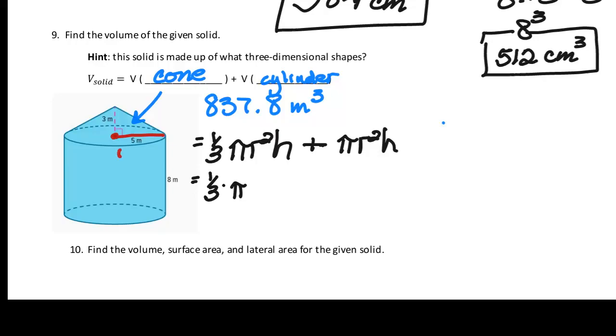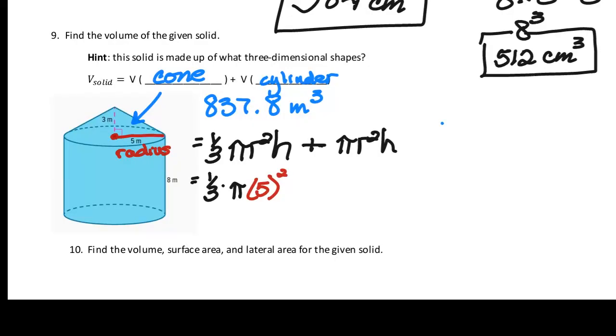Yes, it is. So 5 is the radius. So I'll substitute that in for r and square it. And we are talking about the height of the cone. That perpendicular height, straight up and down height, is 3 meters.